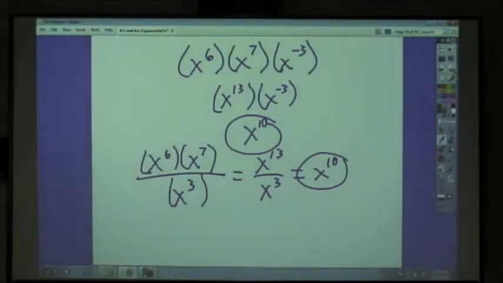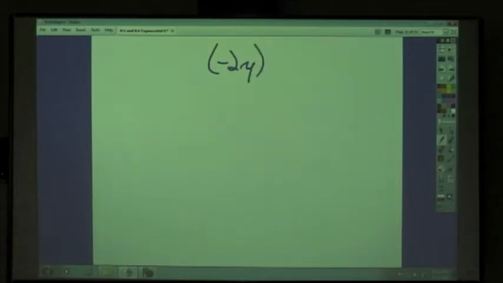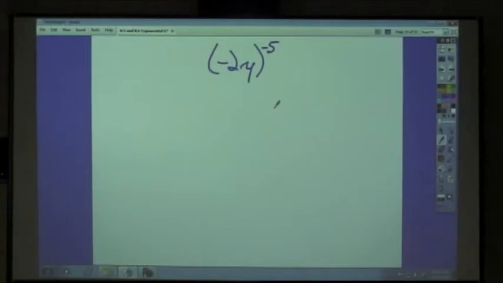So since I mentioned it in this problem, I will go and talk about one of those negative exponent problems, because those are usually ones that get people a lot. So let's take a look at this guy. Let's say you have negative 2y raised to the negative 5th power. When you have a negative exponent like that, what I told you to do is move it to the opposite part of the fraction and make it positive.